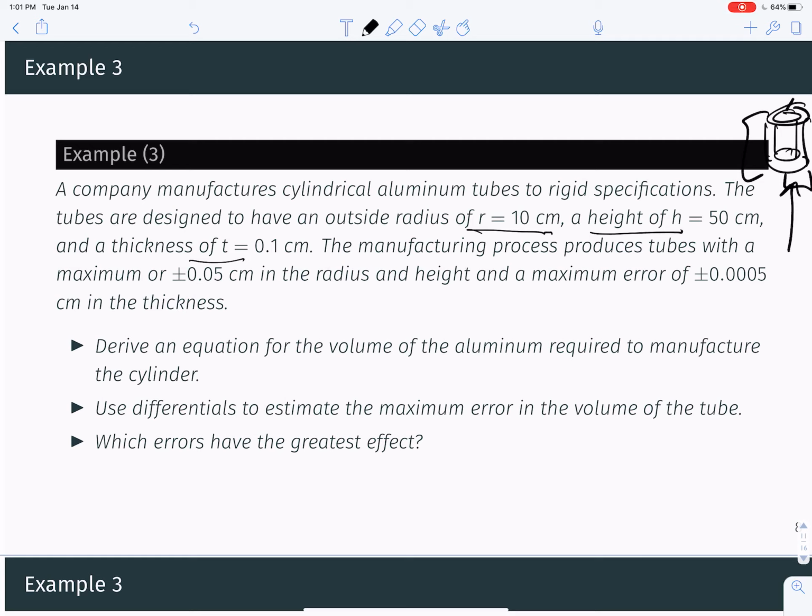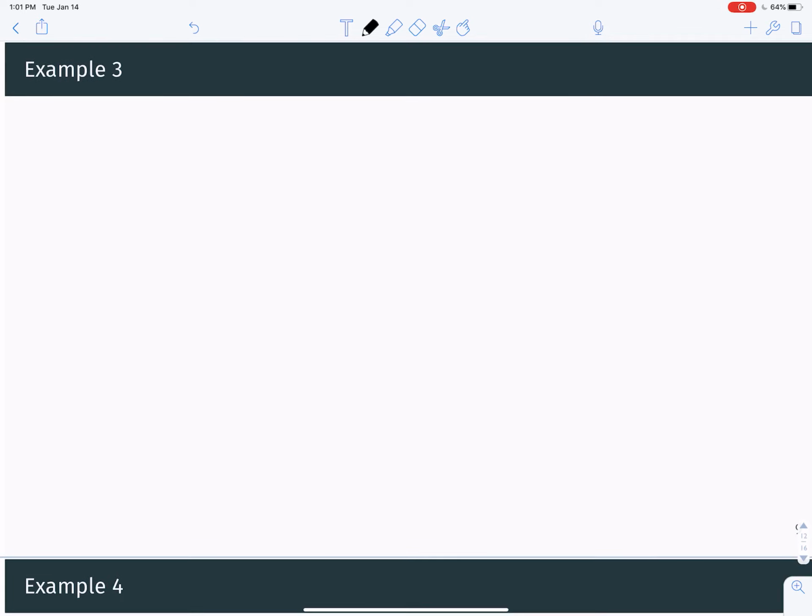Okay, so first we need an equation for the volume of the aluminum required, and then we'll talk about some differentials. Let's start with the volume problem. So we've got our cylinder. We've sort of drilled out this inside piece here. So if you want to think about what's the volume, well, there's pi r squared h.